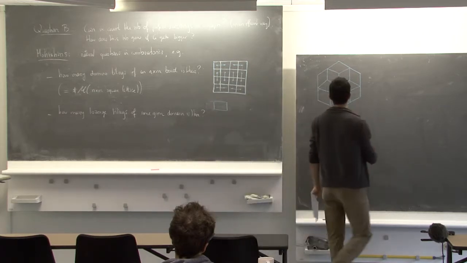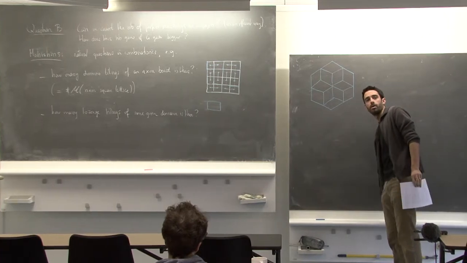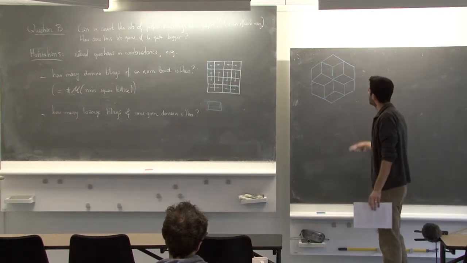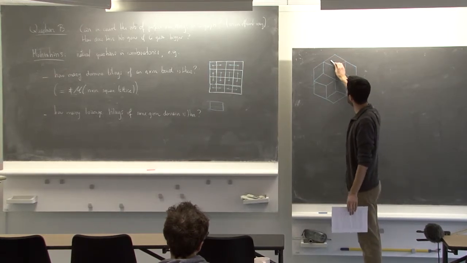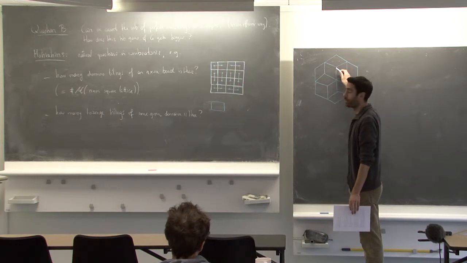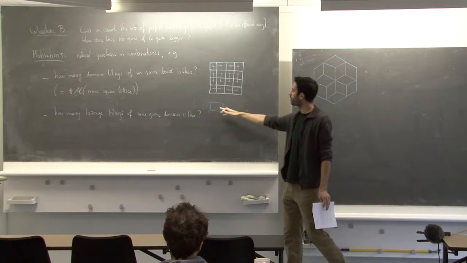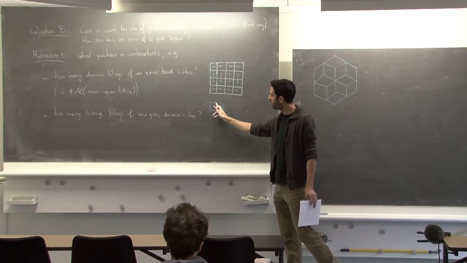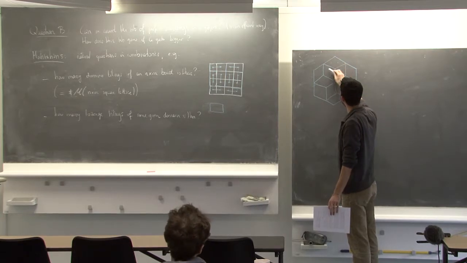And do you see what it corresponds to in terms of perfect matchings, right? So it corresponds to a perfect matching on an underlying hexagonal graph, right? So here what we're really doing is we're taking, let's say, dominoes. Here, of course, the faces were squares. Here the faces, they are triangular.